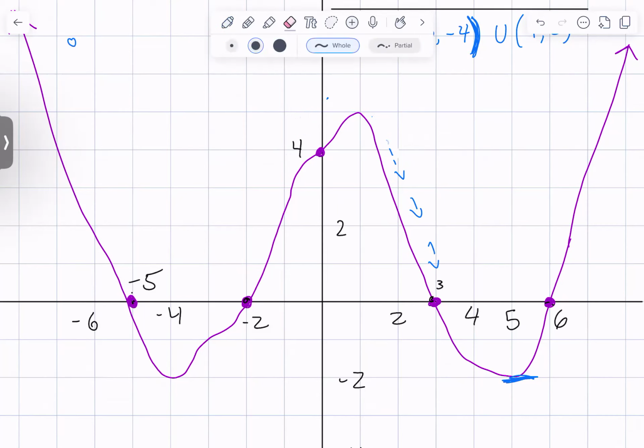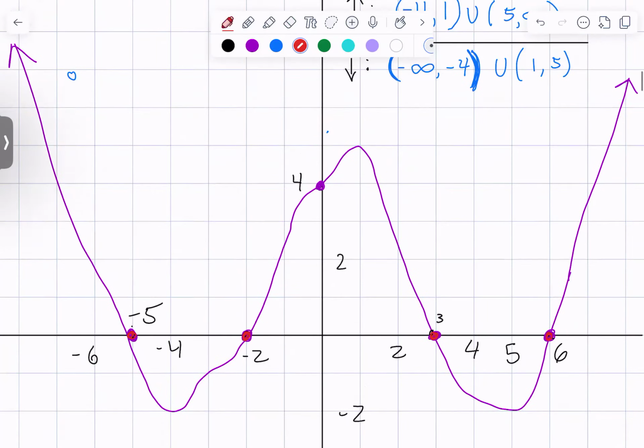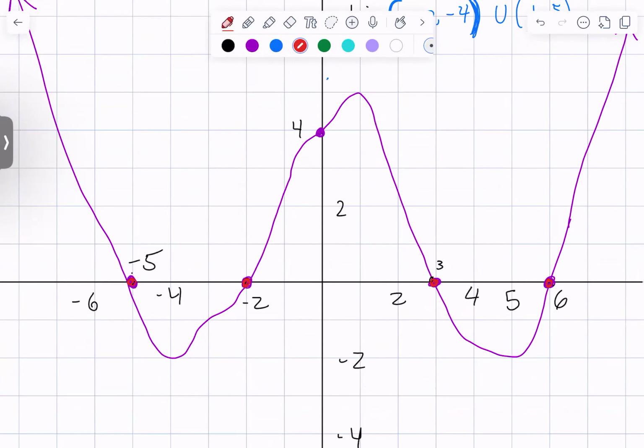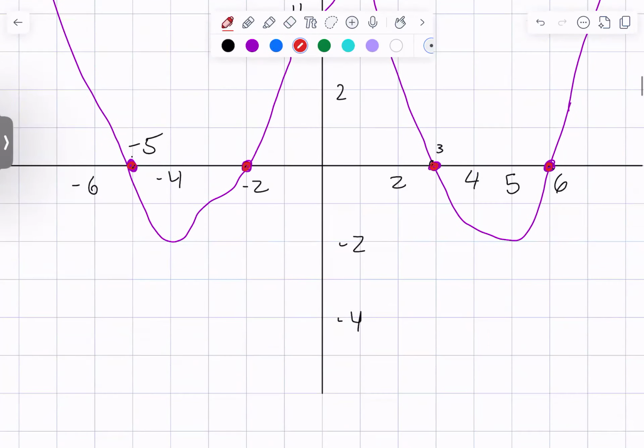your y is equal to 0 at 6, right here, at 3, at -2, and at -5. So I know that those points are going to be my points that I use.